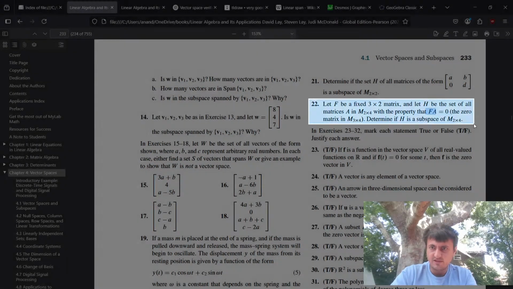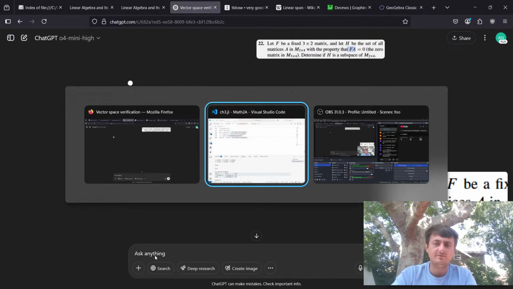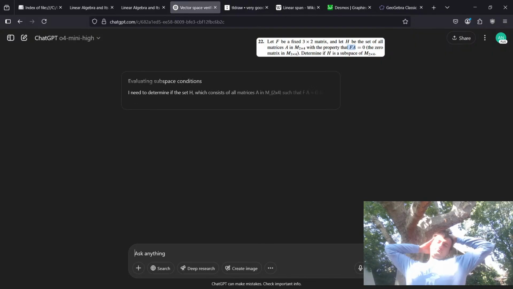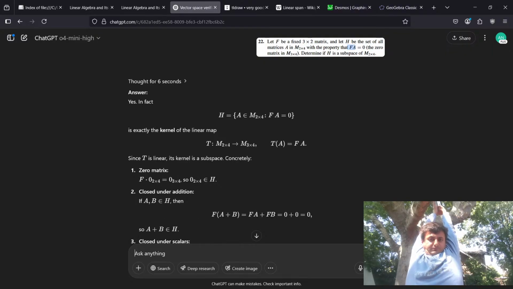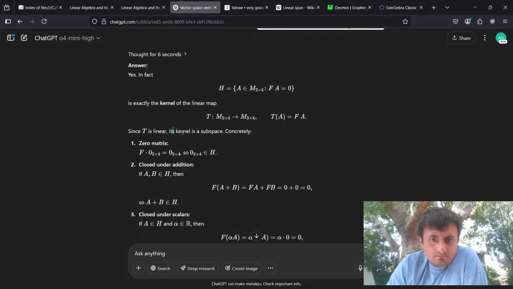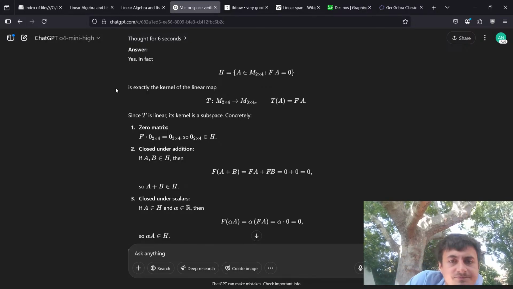Let's see how ChatGPT answers this. But I think that was the best problem so far, man. So it's using stuff that we haven't really, I mean, we know null space, but we haven't really proven theorems about this.